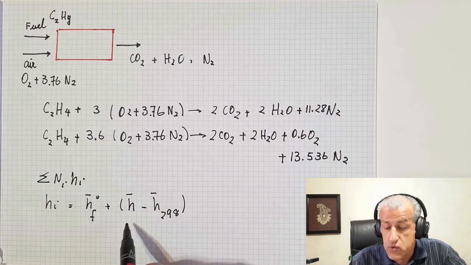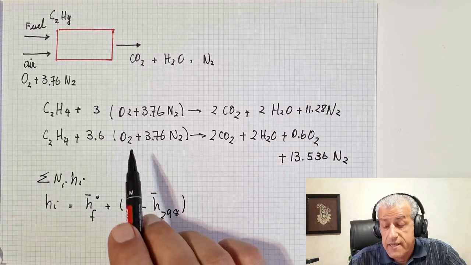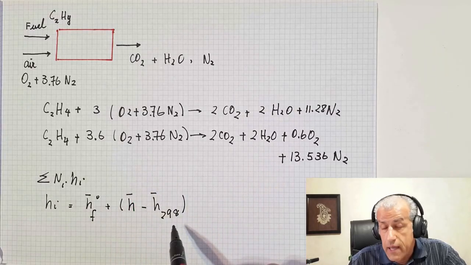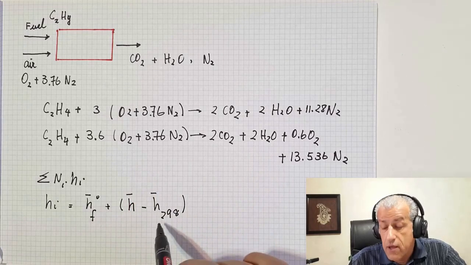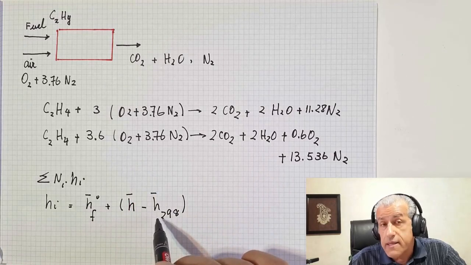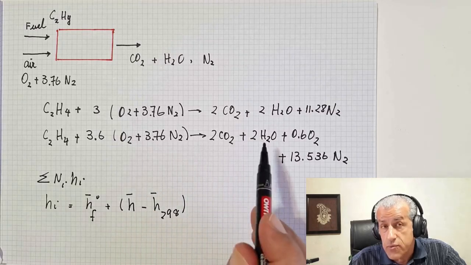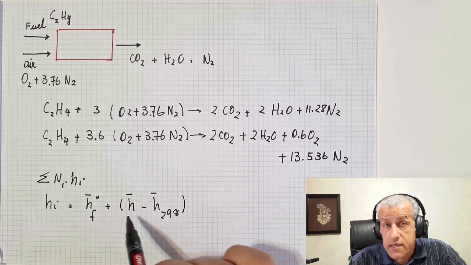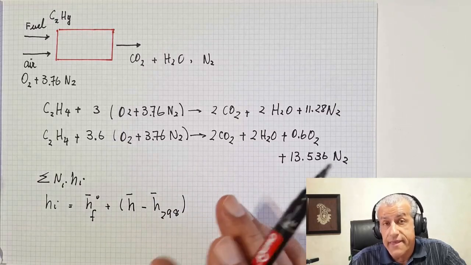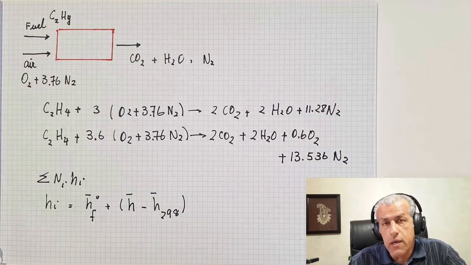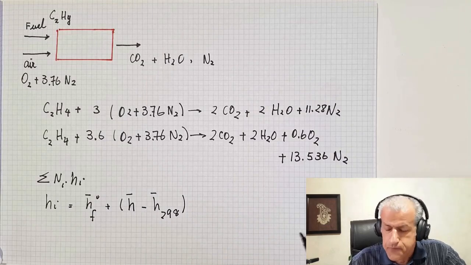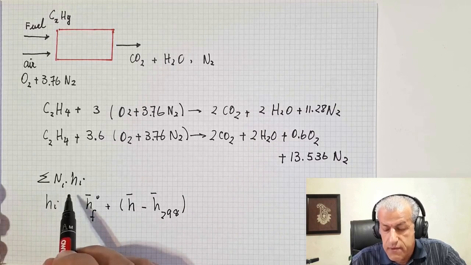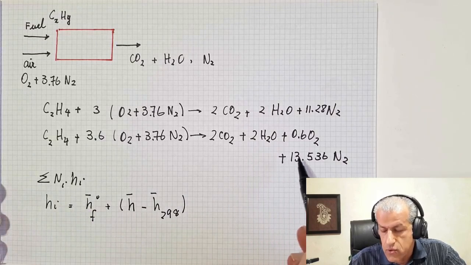Once for the temperature that the reactants or the products are at, and also for the enthalpies of the reactants or the products at 298, and then deduct them, and that would be the way it is presented. Now, we do this for both reactants and also for products.